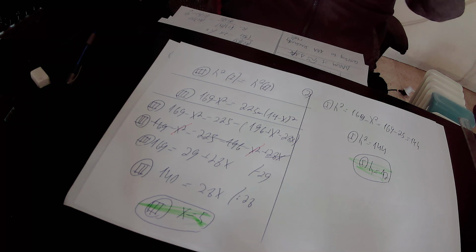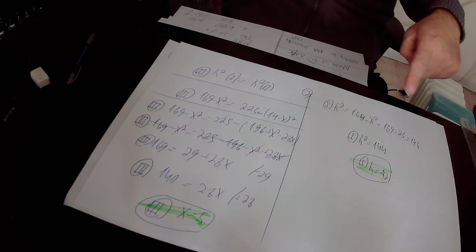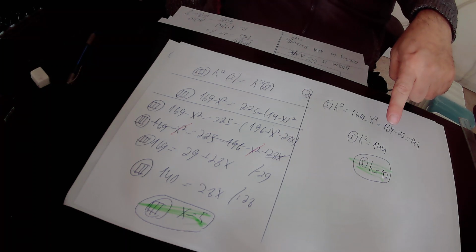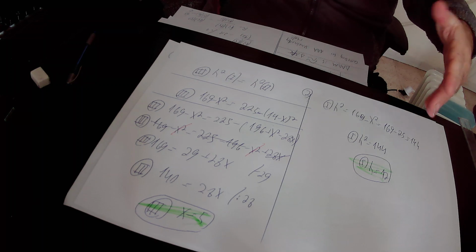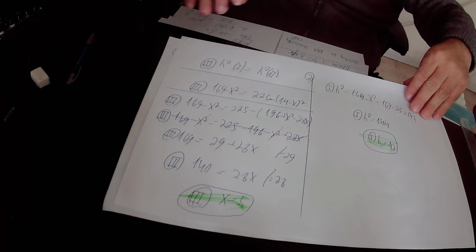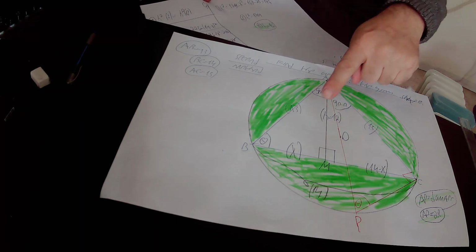We took the root of this equation and found that h equals the square root of 144, that is 12. So here h equals 12 units and x equals 5.